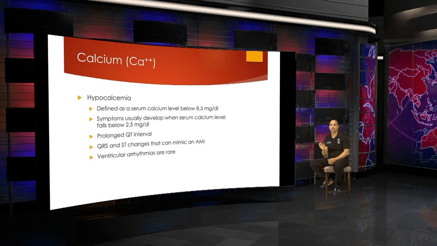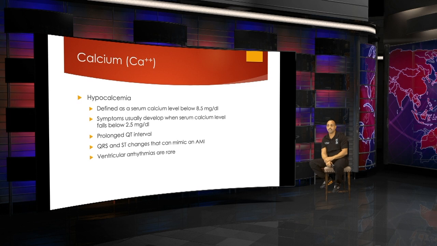Symptoms won't normally start until you drop below 2.5. So you could lose a whole lot of calcium before you realize it's a major problem. That's why it's important for patients who have these issues to continuously follow up with their physician to evaluate these levels. So a prolonged QT interval can happen.